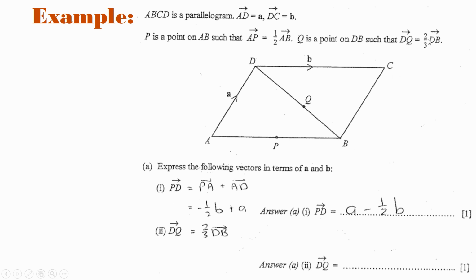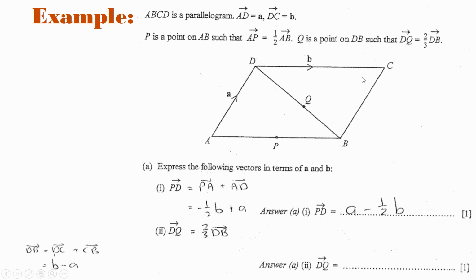And DB, as we said, well, you could do it this way. I just did it this way in my working out. DB is the same as DC plus CB, which is B minus A. Because it's minus A, it's going against this one.